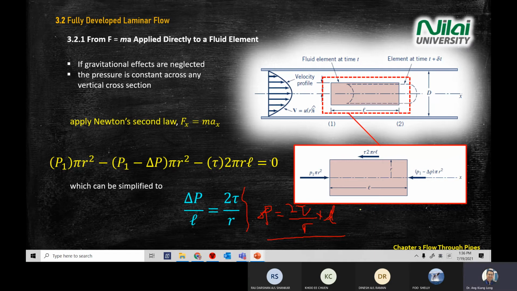Will the delta P increase or decrease? If R increases, what happened to your delta P? Will it increase or will it decrease? Increase.